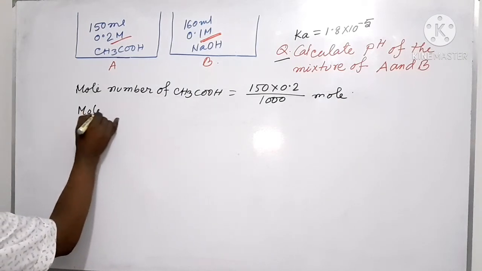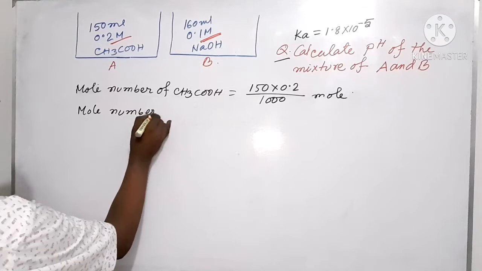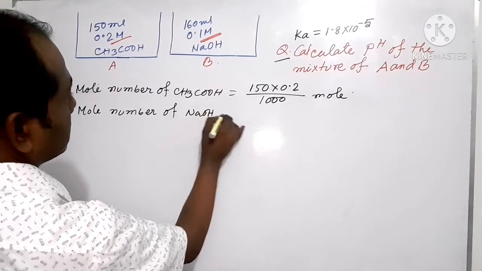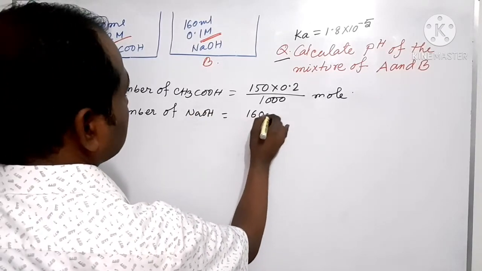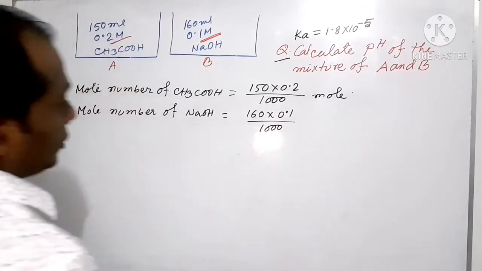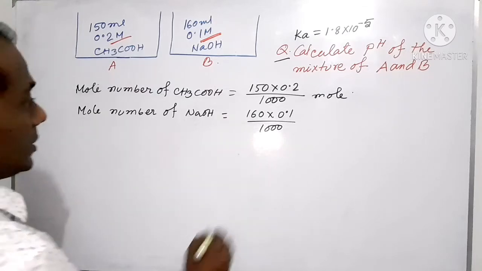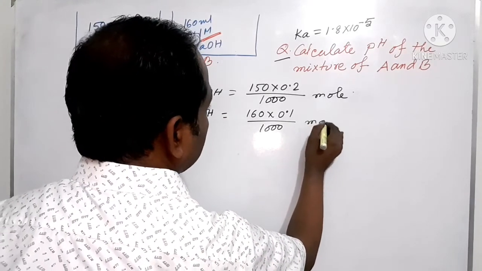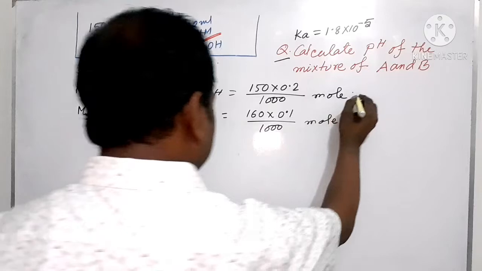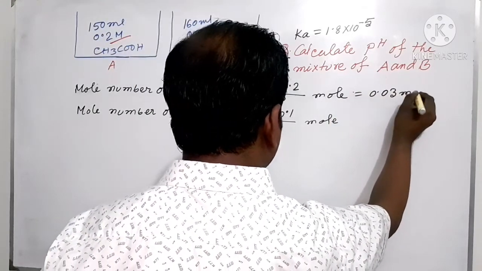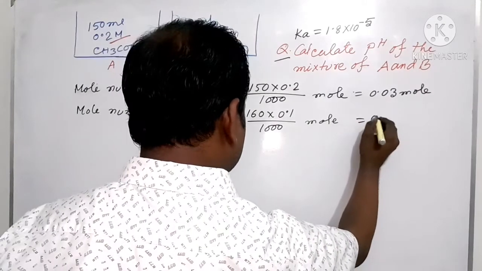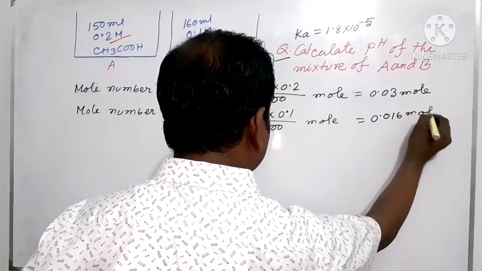Now the mole number of sodium hydroxide is 160 into 0.1 divided by 1000. We use 1000 to convert this unit into liters. Here we get the value 0.03 mole, and for this we get 0.016 mole.